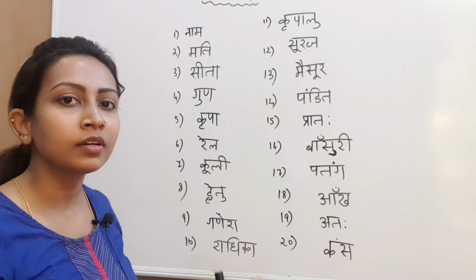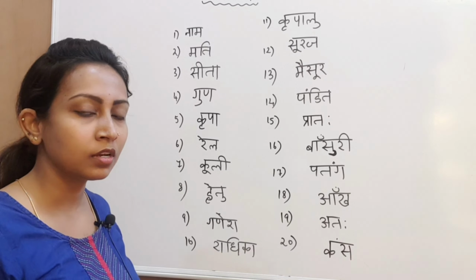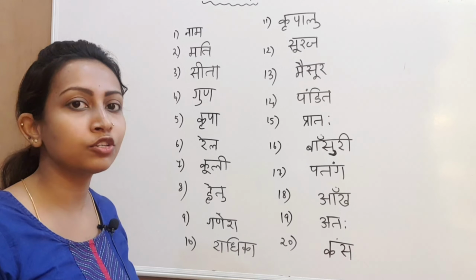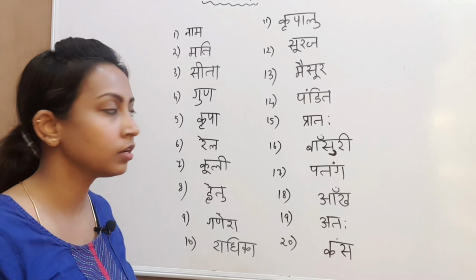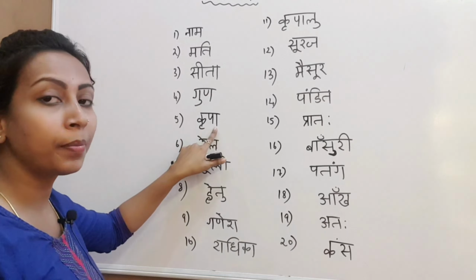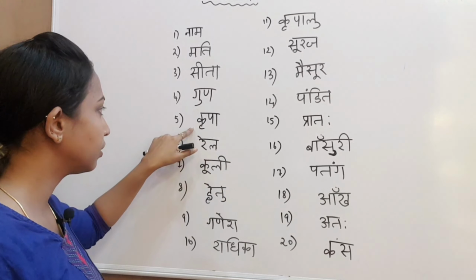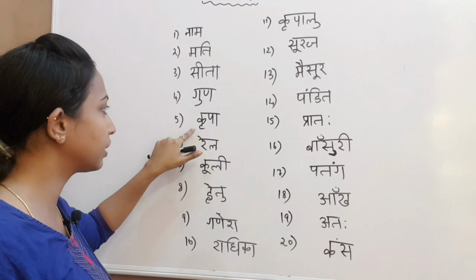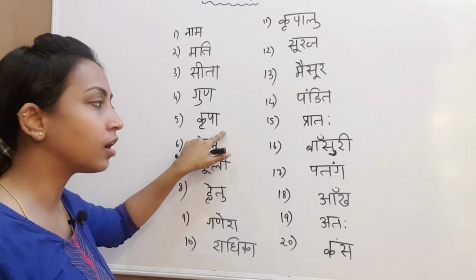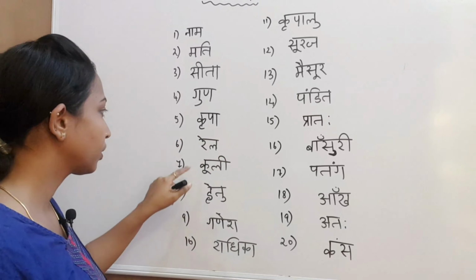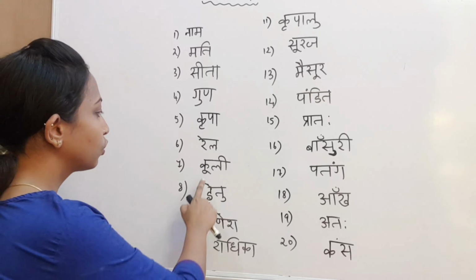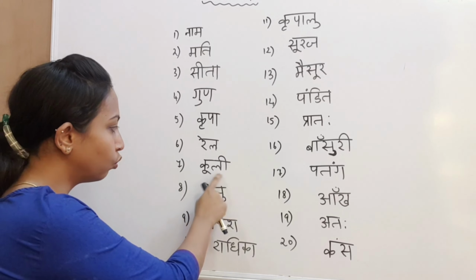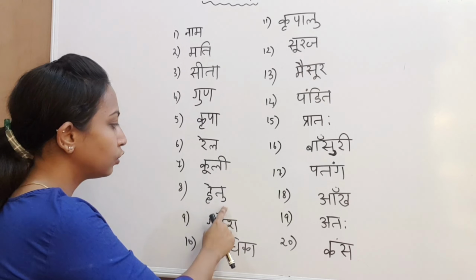So wherever the vowel symbol comes, that consonant should be pronounced along with that vowel sound. Okay. Kri, pa, kripa. Kri, ka plus ri, kri, pa plus a, pa, kripa. Re, la, rail. Ku, li, kuli. He, tu, hetu.